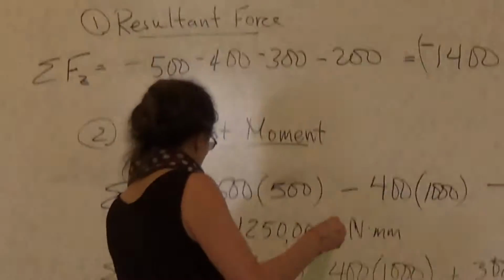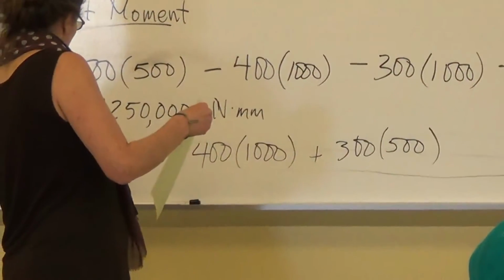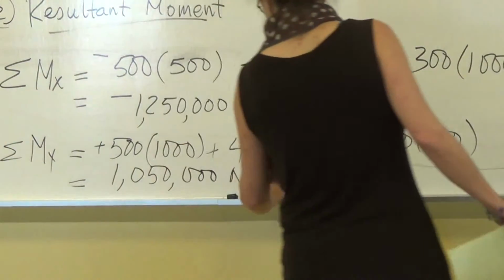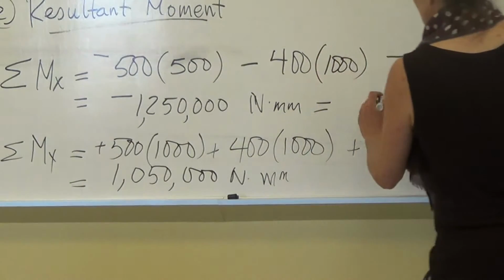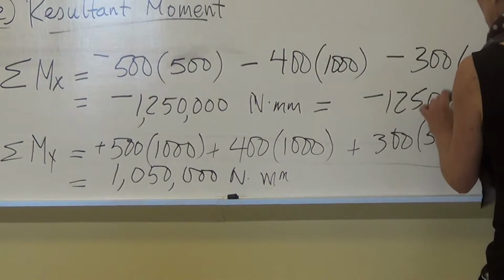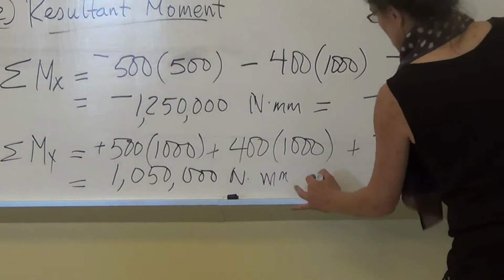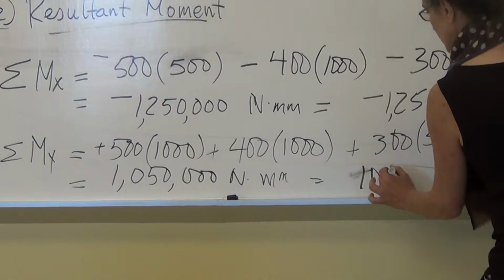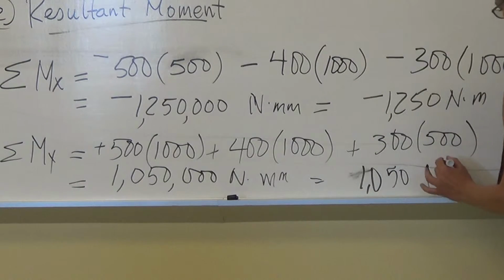It comes out to be 1,050,000. Converted, negative 1250 Newton meters for x, and positive 1050 Newton meters for y.